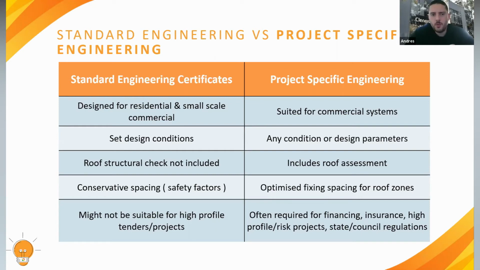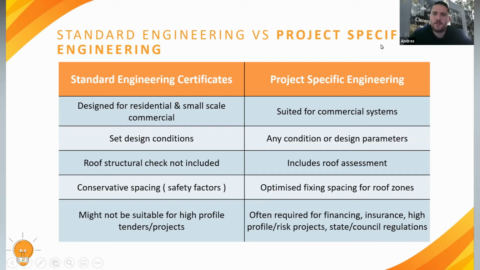We do not include the roof structural check, and the spacings are conservative. The safety factors that we recommend are tied to the capacity that MTS provide us, and to this capacity we add some safety factors as well to remain conservative. So the standard engineering certificate would not be recommendable or suitable for high-profile or large-scale projects where we have to optimize the spacing as much as we can.